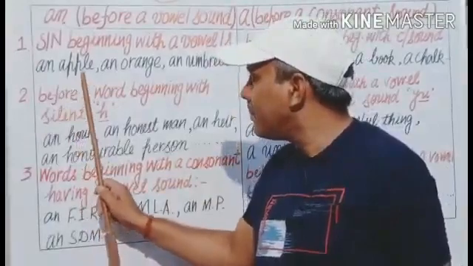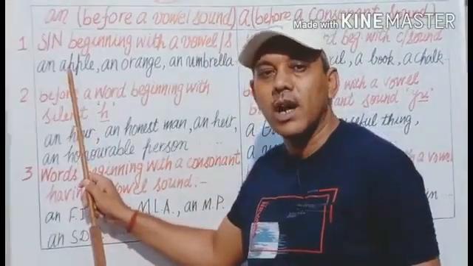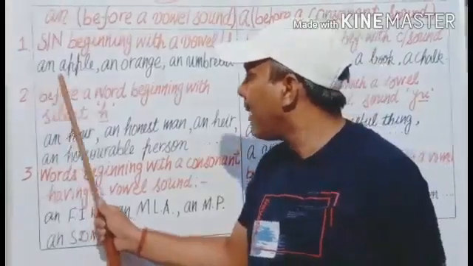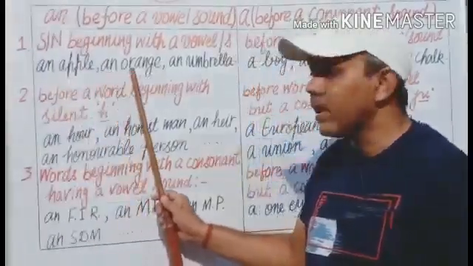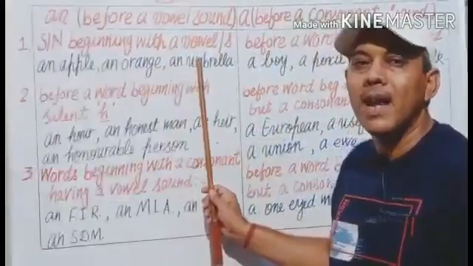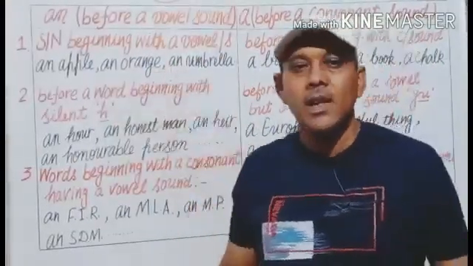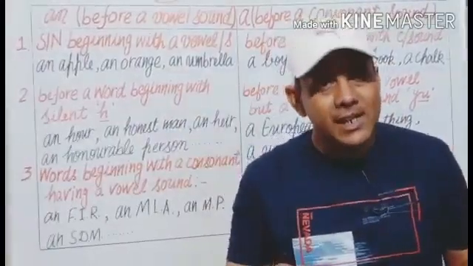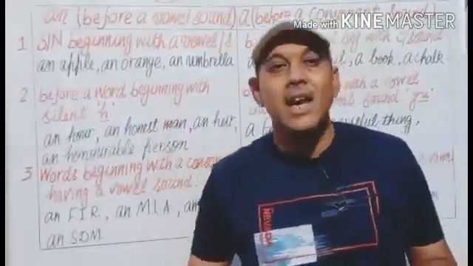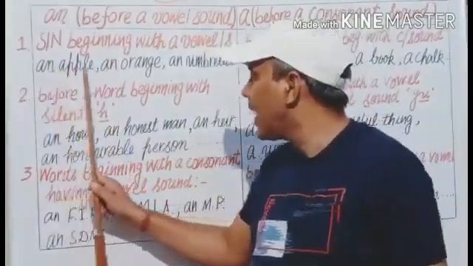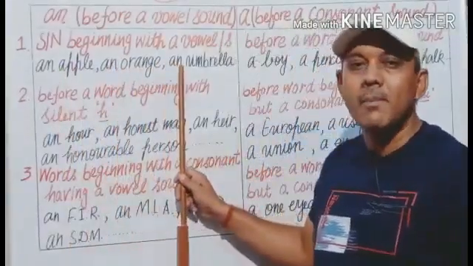This word apple begins with a vowel sound. An apple, an orange, an umbrella, like this. These words begin with a vowel letter as well as a vowel sound. That's why we use AN before them.